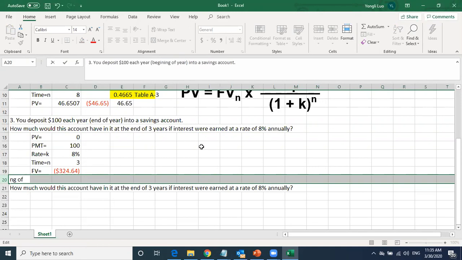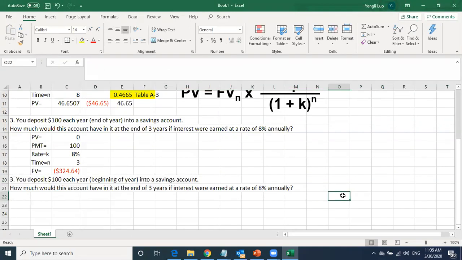Instead of depositing at the end of each year, you choose to deposit $100 at the beginning. How much would this account have at the end of the 3rd year? This is going to be an annuity due question, right?